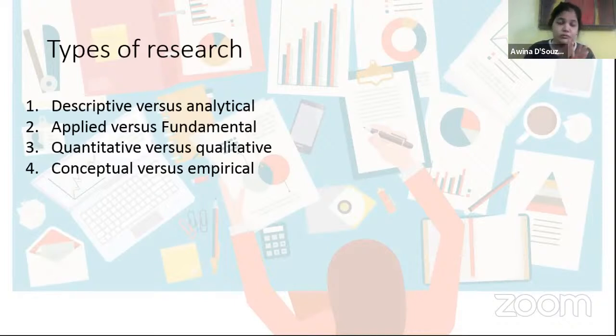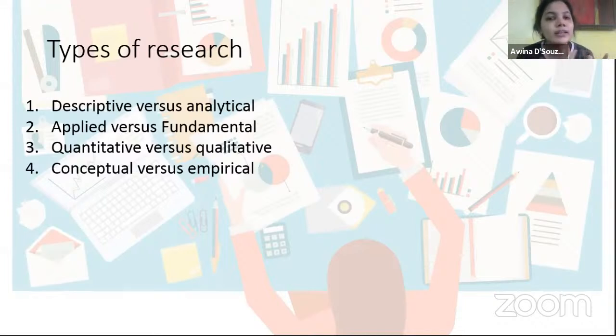But there's a thing: you can convert a descriptive research to an analytical research. How does this go? All descriptive research has an element of the W questions, like who, when, what, why.